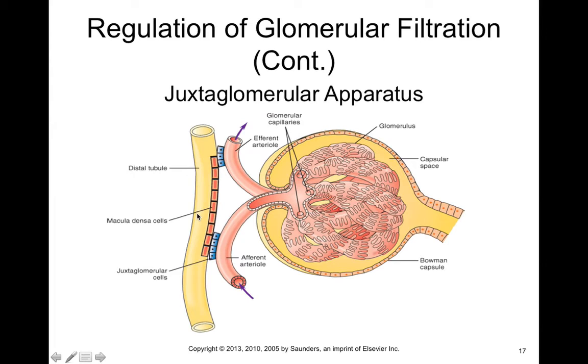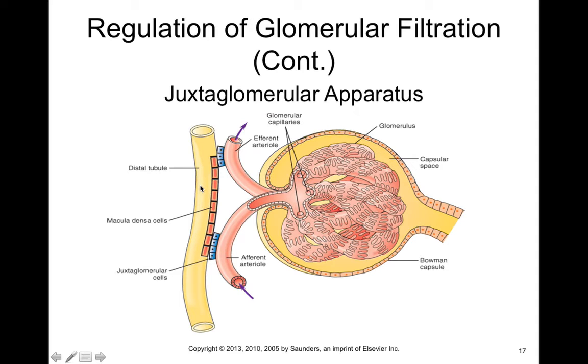So what's neat here is that the end of the nephron will associate with the beginning of the nephron, and it's a way to help check how filtrate was modified once it gets to the end of the nephron in comparison to the beginning. The cells that monitor filtrate here at the distal convoluted tubule are called macula densa cells, and these macula densa cells sense the concentration of sodium and chloride in the filtrate.